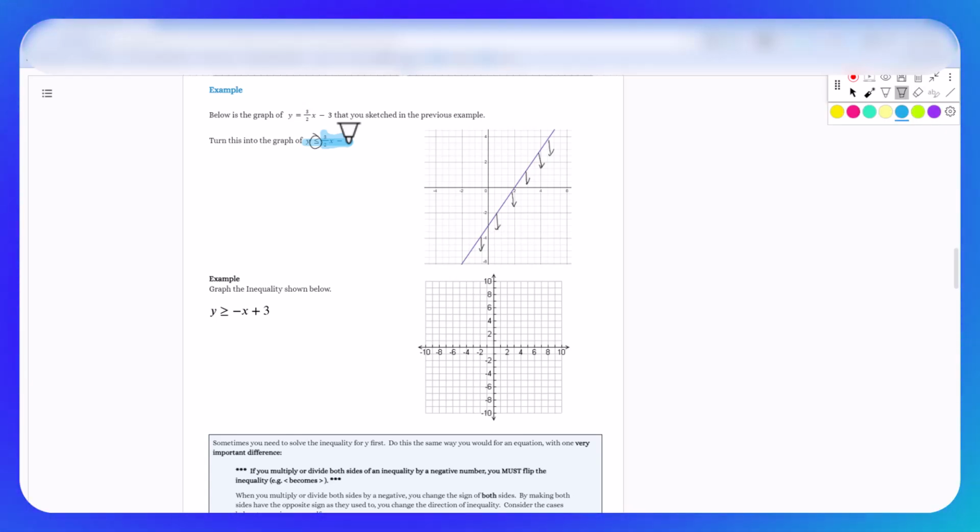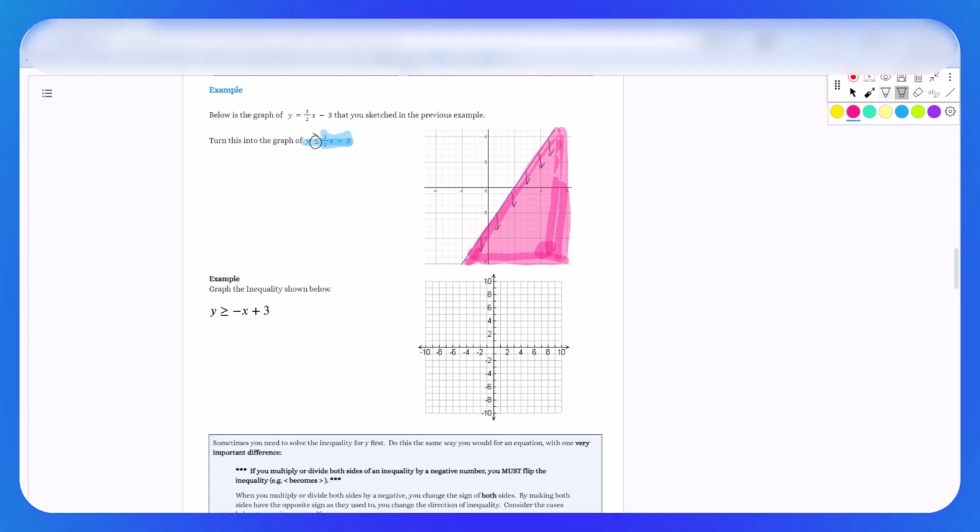So this means that if we shade in a region up to and including the line, and we pick any point inside this region, it will make it true.